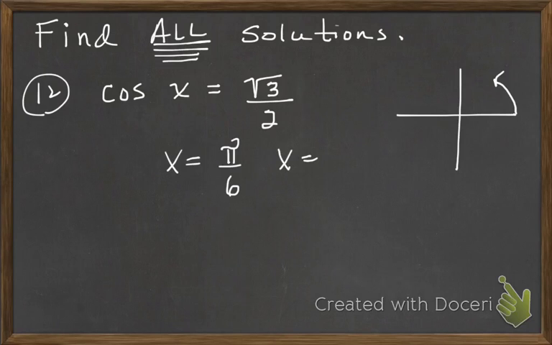If we keep going, 11 pi over 6. And then technically we could keep going, okay? So we have one here, just to give you an illustration. We have another one here, and then we could just keep going, and our angles could get bigger and bigger. We could also go the other direction, and they could get smaller and smaller.